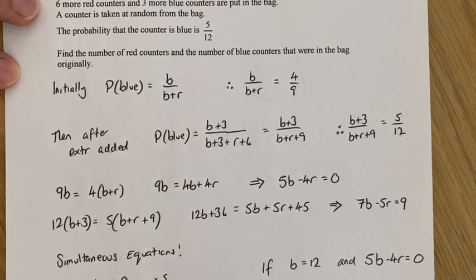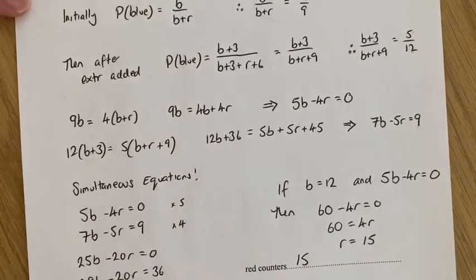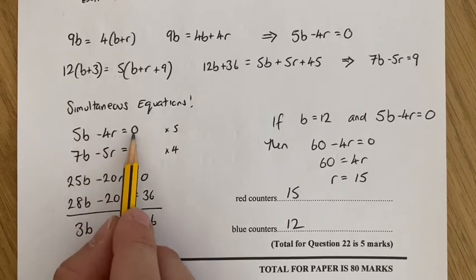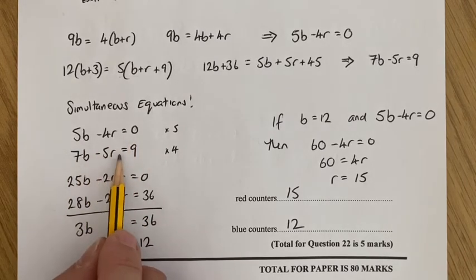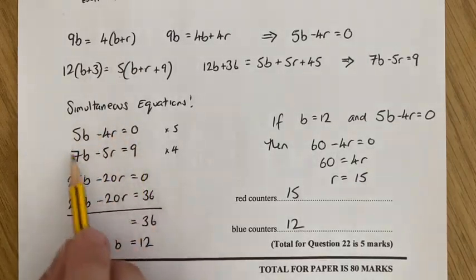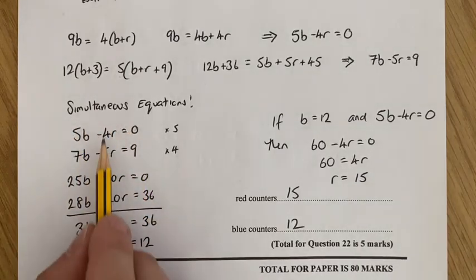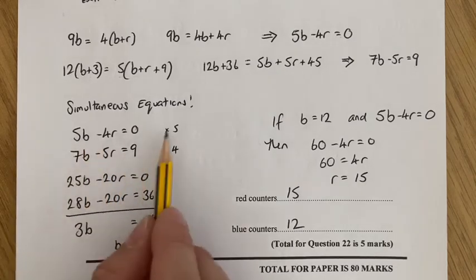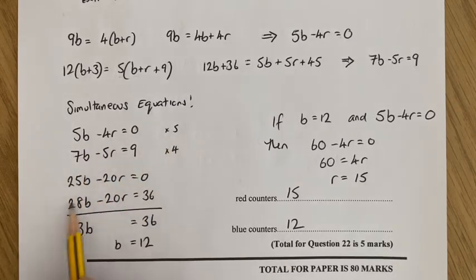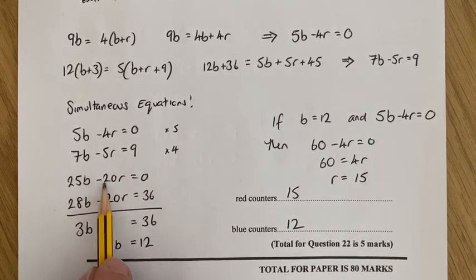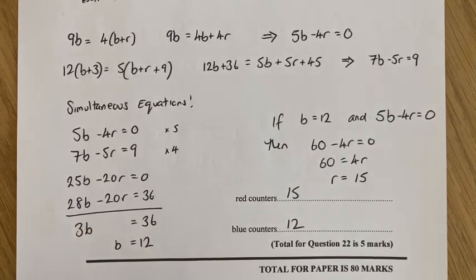Simultaneous equations. Just going down this part of the page first, we've got 5B minus 4R equals 0 and 7B minus 5R equals 9, and we're going to solve this set of simultaneous equations. I've chosen to make these numbers the same, so times this one by 5 and this one by 4 gives us 25B minus 20R equals 0 and 28B minus 20R equals 36.